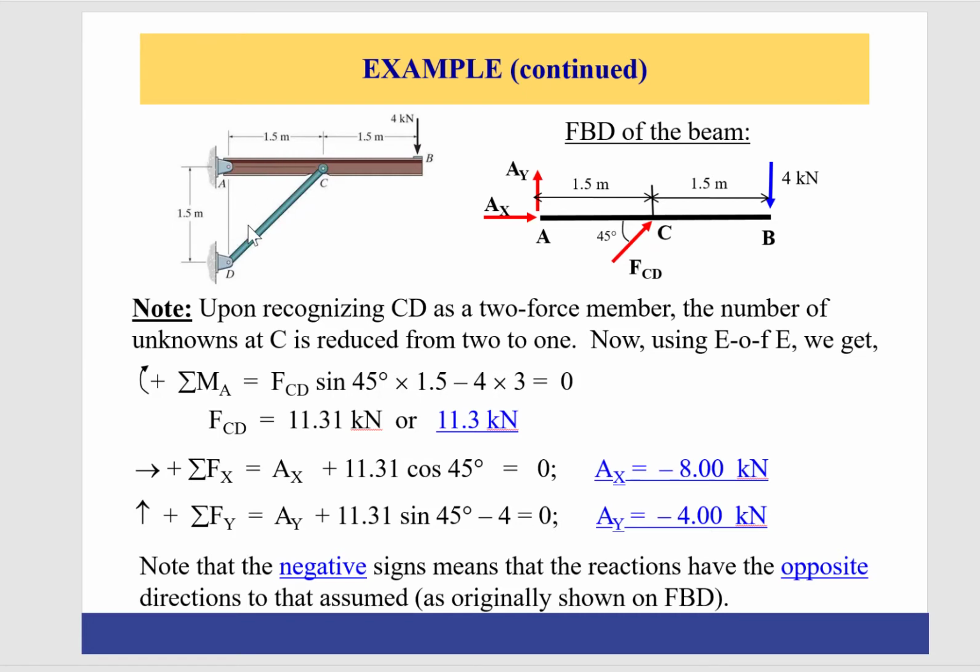This makes a right triangle with a 45-degree angle here. In this way we have only three unknowns, FCD, AY, and AX, and we can obtain three equations from the equilibrium. So this problem is determinate.